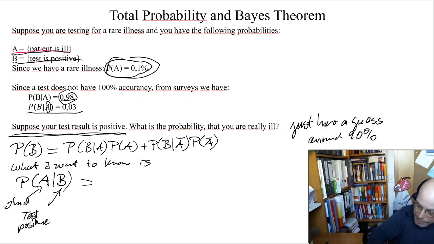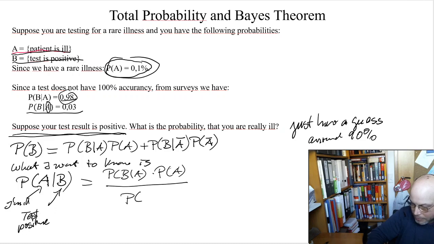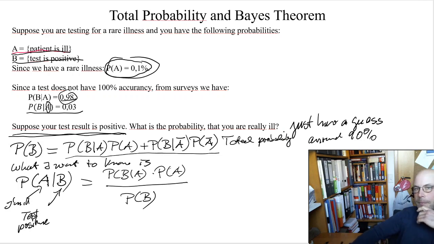We can say that this is P of B conditional A times P of A over P of B. But P of B we can calculate from the total probability. Well, and now we just put in the numbers.